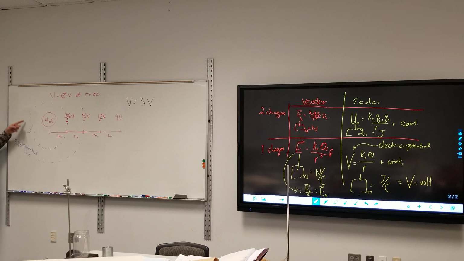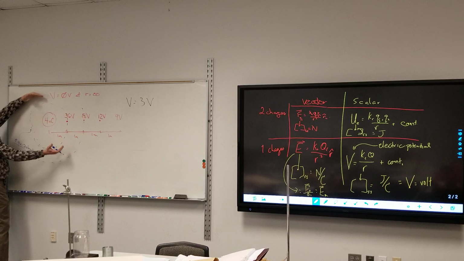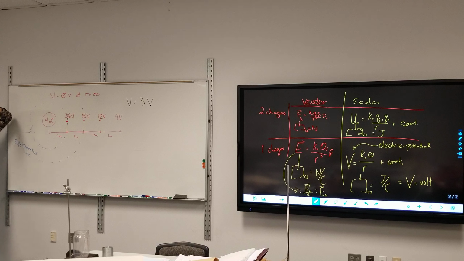Everything along this line is the same potential. So all of the spheres would also be equipotential? Yeah, there's a whole bunch of them. There's an equipotential surface here, a different equipotential surface here, a different one there, and so on.